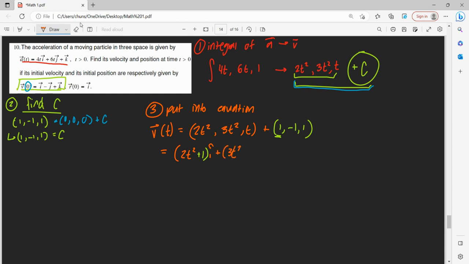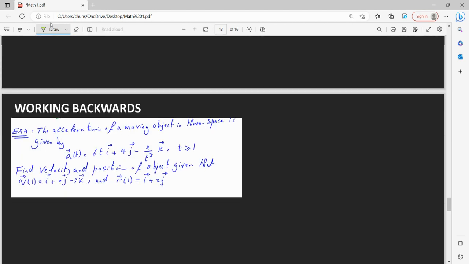Then we have 3t squared minus 1, that's j. And we have t plus 1, k. All right, and that is our final answer for our velocity.